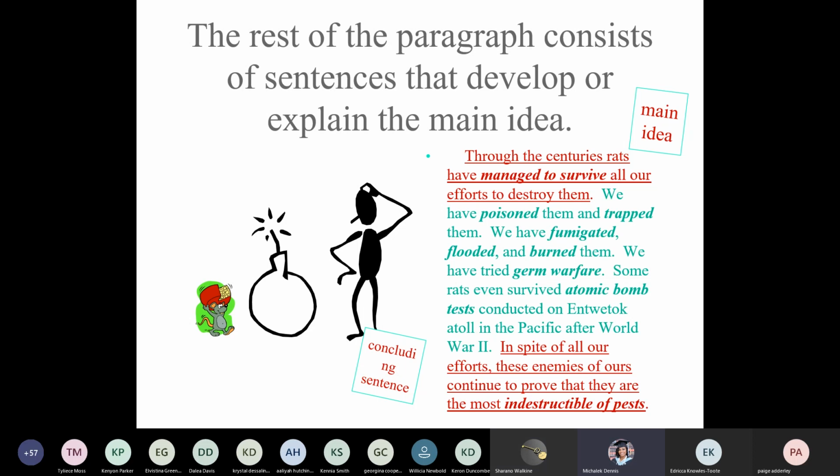In spite of all of our efforts, these enemies of ours continue to prove that they are the most indestructible of pests. Can someone identify for me, what do you think the topic sentence is?